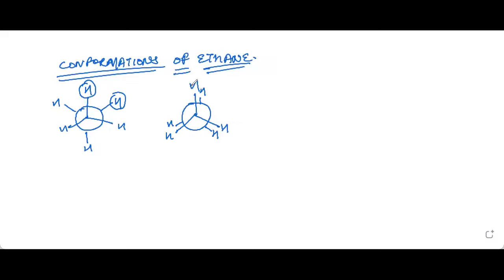This means the electrons which are involved in the bond formation will also be very close to each other. Now, when similar charges are close to each other, there will be repulsive forces. So in this case, when we have this arrangement, there are more repulsive forces.